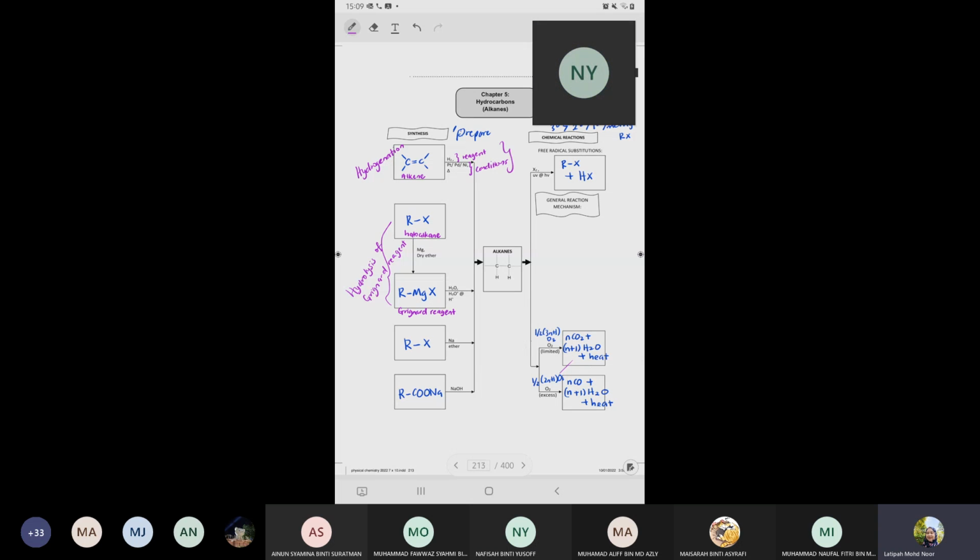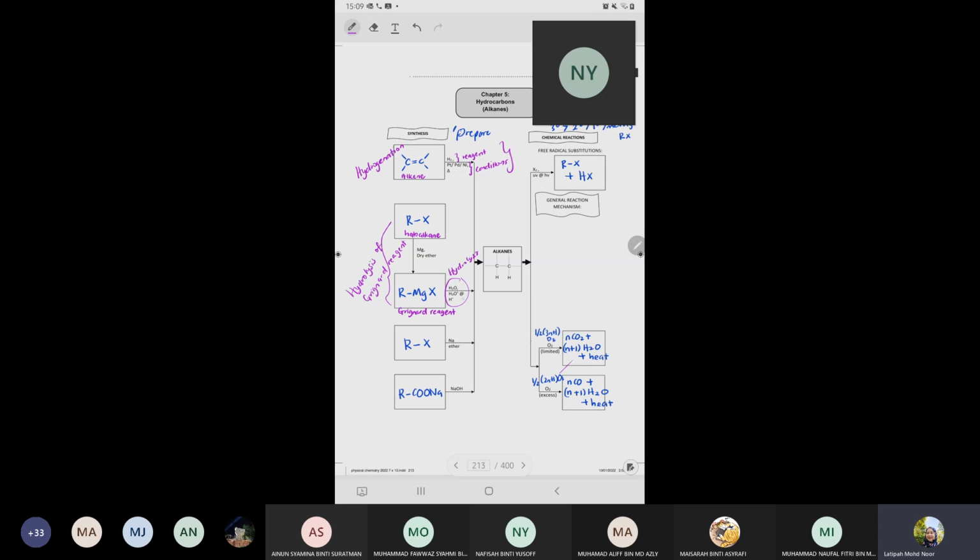In hydrolysis of Grignard reagent, the first step is the reaction with Mg in dry ether. So haloalkane will react with Mg in dry ether to produce RMgX. How to write RMgX, we will see in a while. Then this is the reagent for the hydrolysis. For hydrolysis we usually use H2O and H+, or H2O and H3O+, either one.